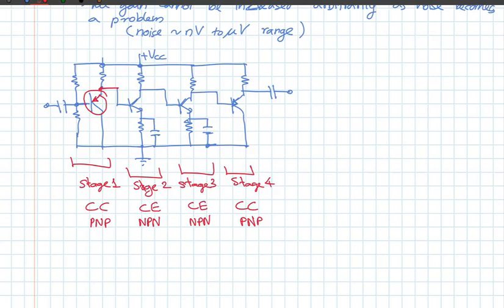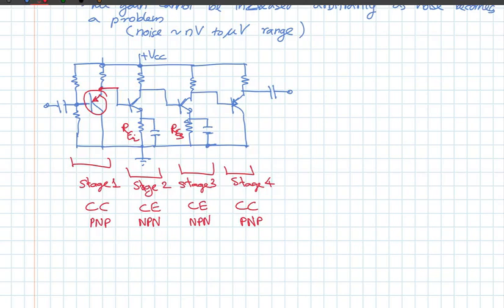Okay, so you have this. So you see that I have emitter resistors RE1, RE2, RE3. These are there to reduce the DC gain. You remember that the gain is roughly equal to the resistance in the collector divided by the resistance in the emitter. So you will see that in the middle stages you have emitter resistors.